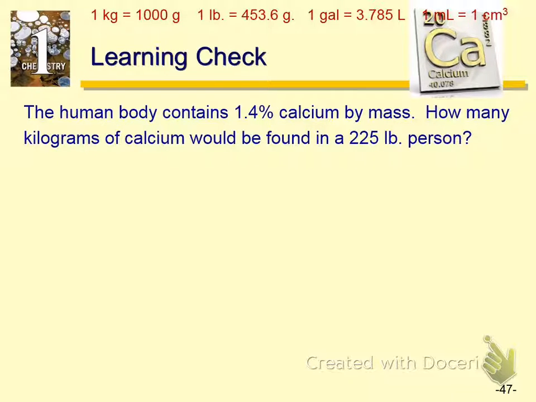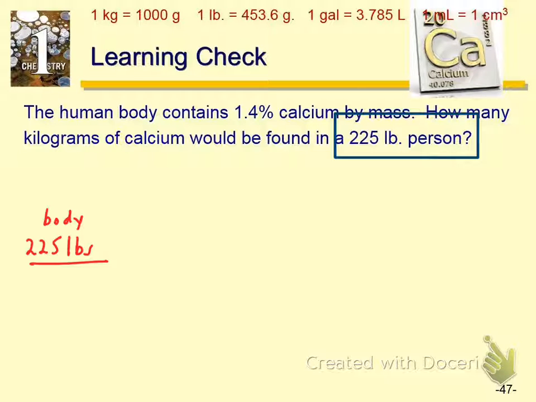The 225-pound person is what's not part of a conversion. Everything else are conversions, okay? So we're going to start right here. I'm going to put 225 pounds of body, and I'm going to write body up on top so it doesn't take so much space.